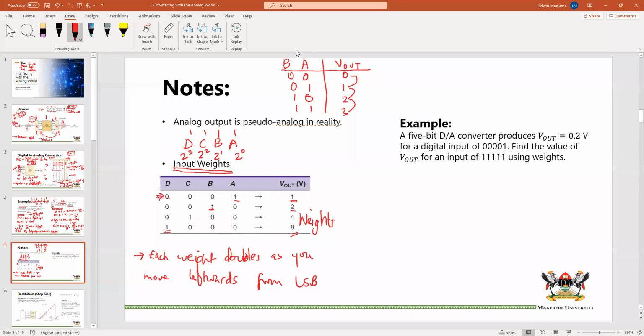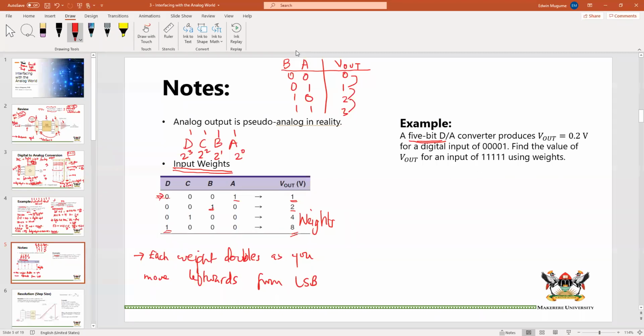So if you know the weight of the least significant bit, you don't need to calculate the weights of the more significant bits, because you can just keep doubling as you go towards the most significant bit and get the corresponding weights of each of those bits. Now let us look at a 5-bit DAC, and we can use this method to do the calculations that we've just done.